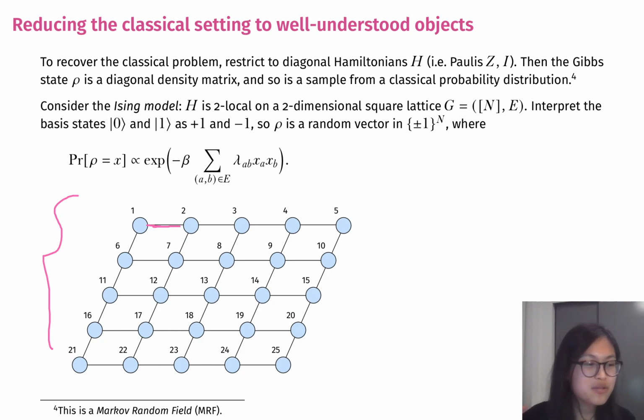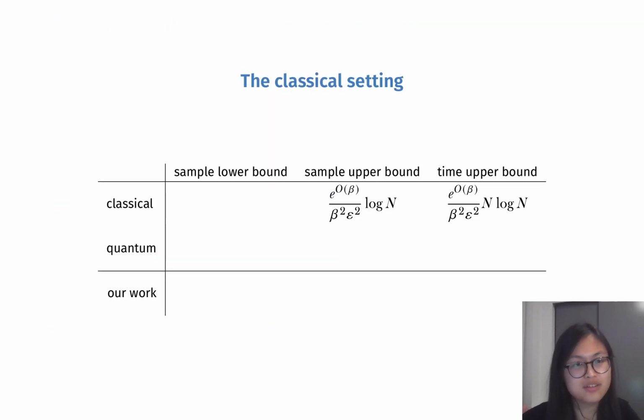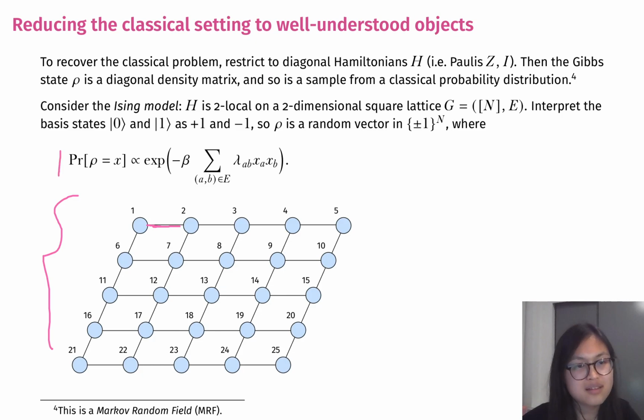When you take this diagonal density matrix and relabel the basis states as plus and minus 1, you get this distribution, which has the density described here, which is the standard form in which you see the Ising model being defined.